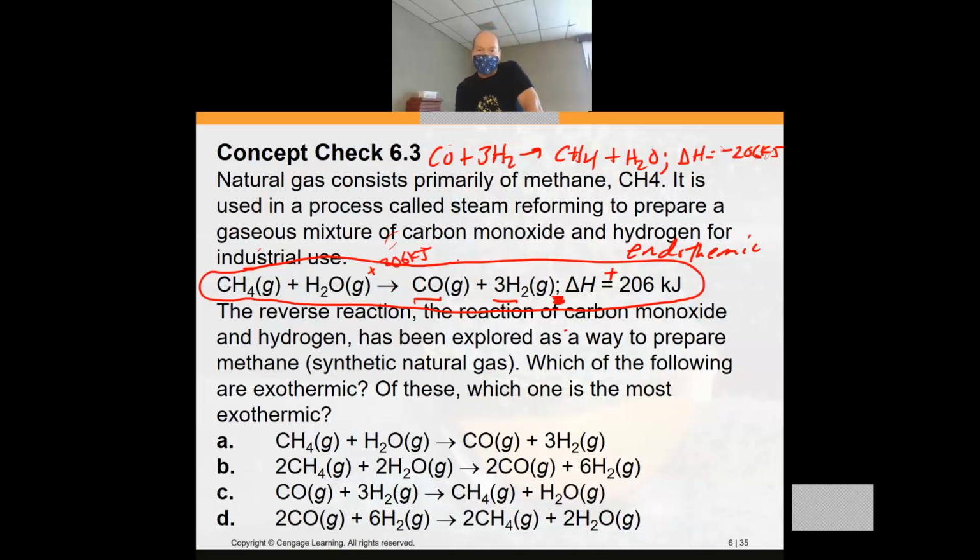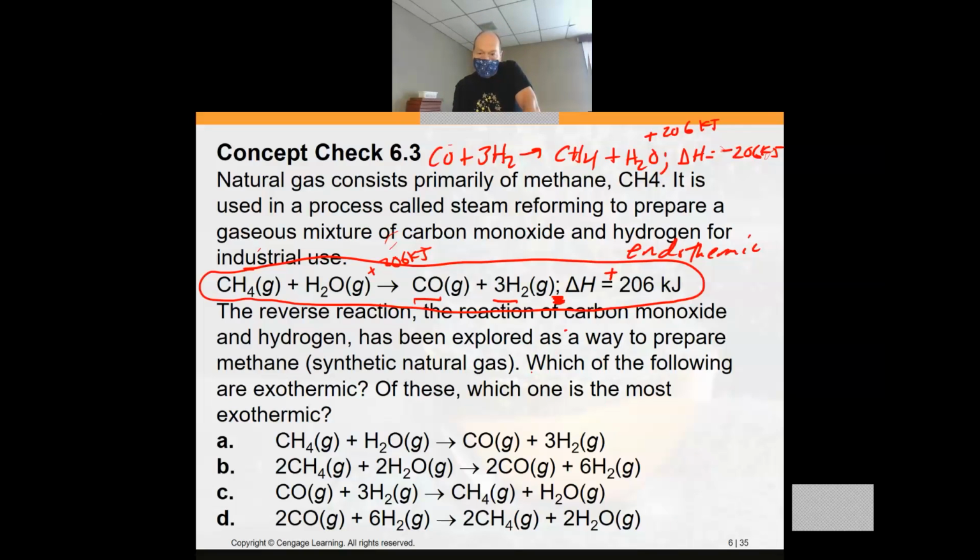Written in the reverse reaction, you would have CO plus 3H2 yields CH4 plus H2O plus, on this side now, since it's exothermic, 206 kilojoules. So if they write the heat as a product, you have to know that means you have a negative delta H. If they write the heat as a reactant, you have to know that is a positive delta H.